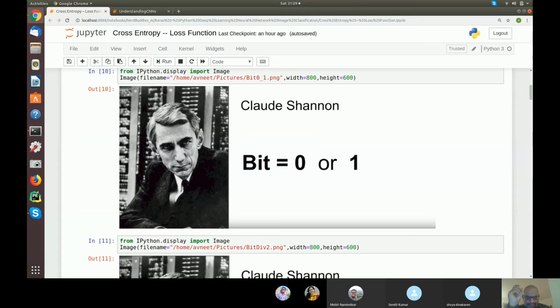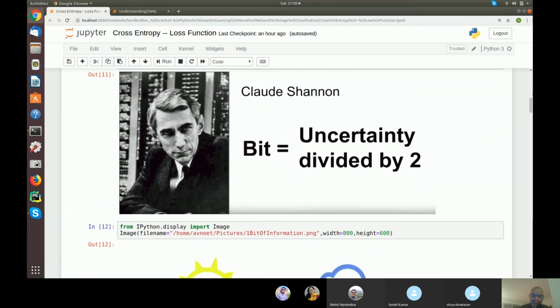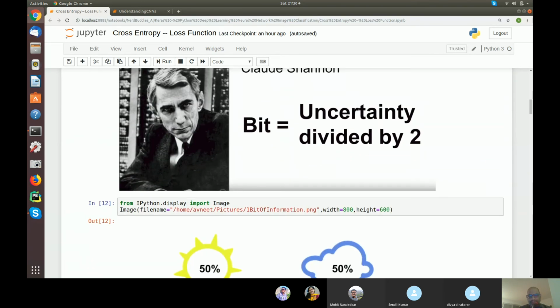So 2 bits, and you're reducing the uncertainty by a factor of 4. Same thing for 8 outcomes. If you have 8 possible equally likely outcomes, then you can use combination of how many bits? 3. Perfect. So you can use 3 bits. All of them will be distinct, and they can provide this information. That's the general idea behind bits. Each of them divides your uncertainty by 2.